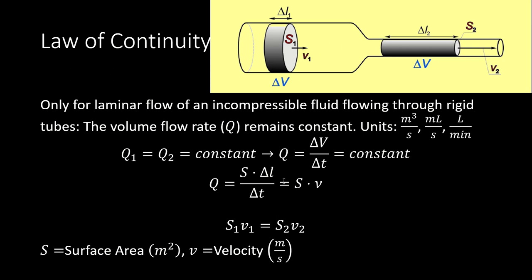And we can replace delta L over delta T with the unit of velocity, meters per second. Therefore, since our volume flow rate must be a constant, Q1 equals Q2, or S1V1 must equal S2V2. The surface area times the velocity at one point in time must equal the surface area times the fluid velocity at some other point in time.